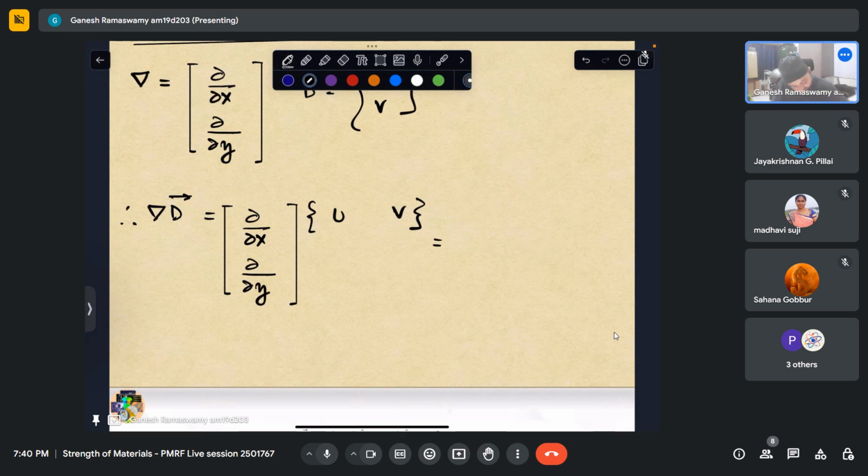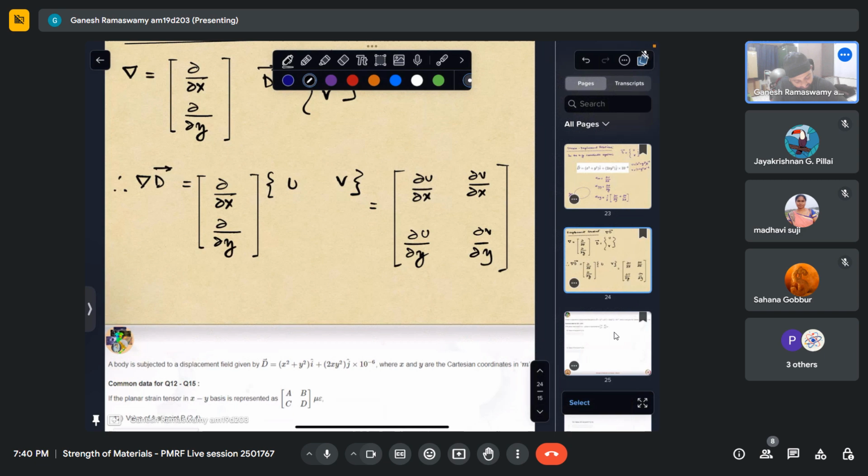So the gradient of this gives me dou u by dou x, dou v by dou x, dou u by dou y, dou v by dou y. So this is my displacement gradient.